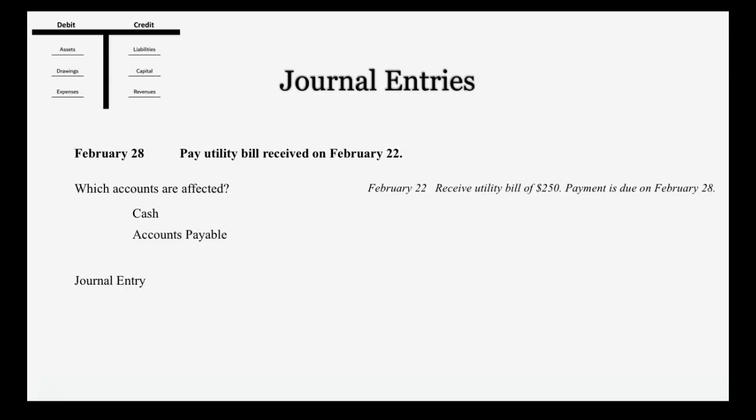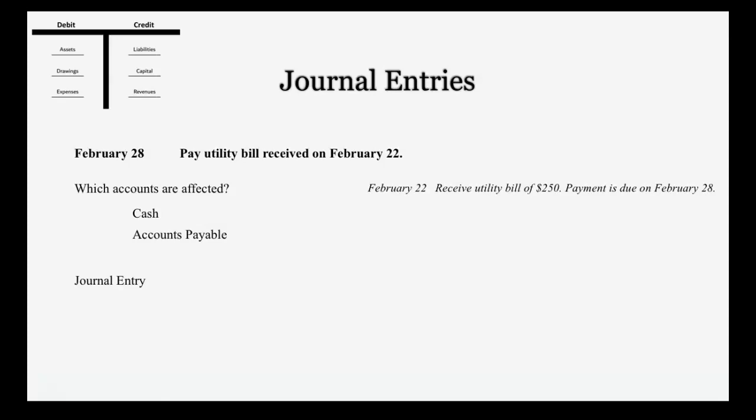And the other one is going to be accounts payable. Notice that utilities expense is not listed here. We already counted the expense back on February 22nd when we received the bill. So we don't want to count that expense again. So here, we're just paying money that we owed.